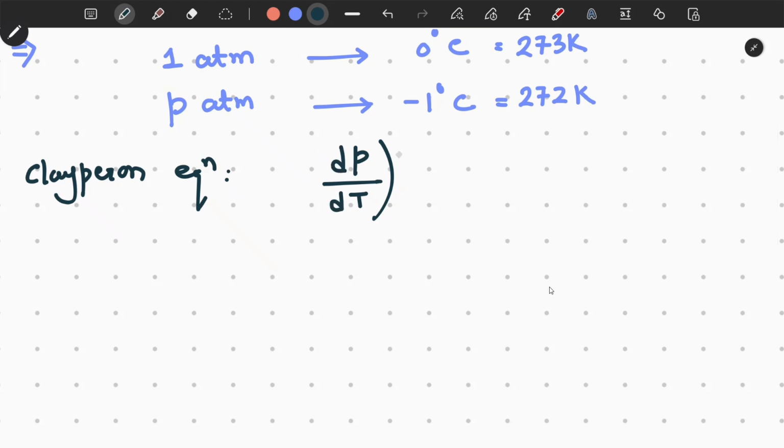So dP/dT is equal to delta H by T delta V. Now, this is a melting process, so solid to liquid conversion is there.